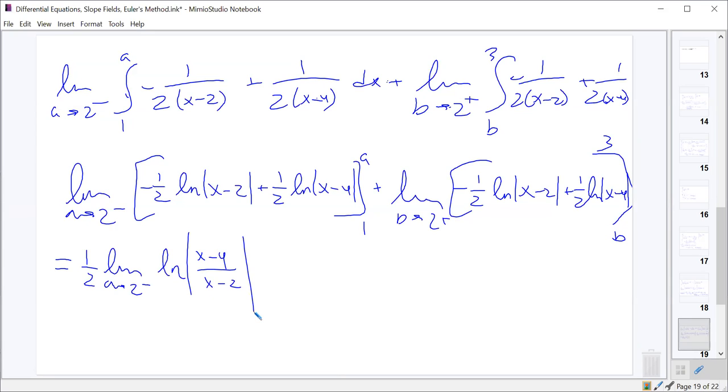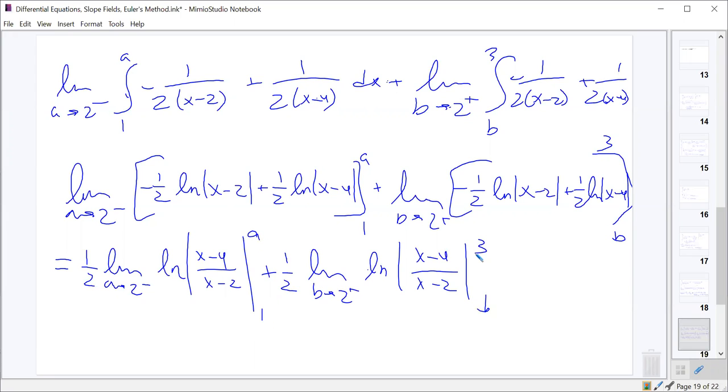Everybody good with that? Good. Plus another 1/2, and a limit as b approaches 2 from the right, of the natural log absolute value of x minus 4 over x minus 2. I should probably write the values that we're going for: 1 to a, and this one is b to 3. Okay. Good?